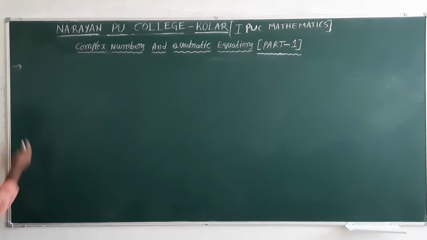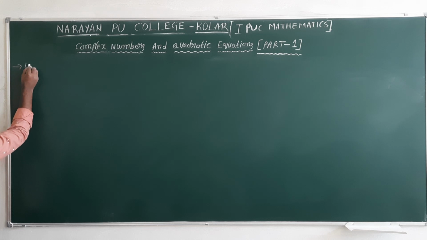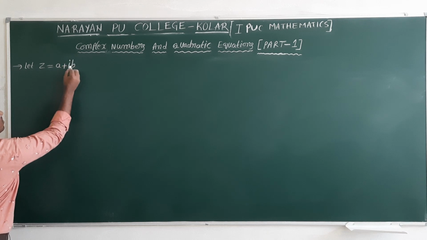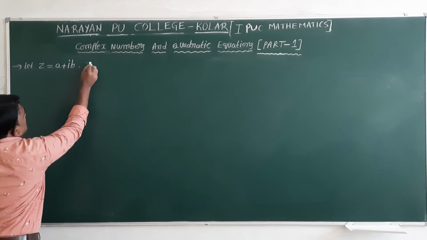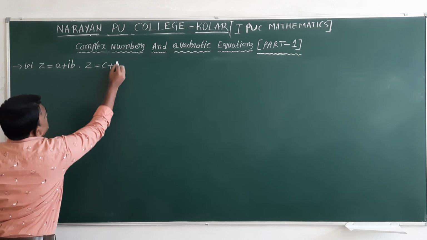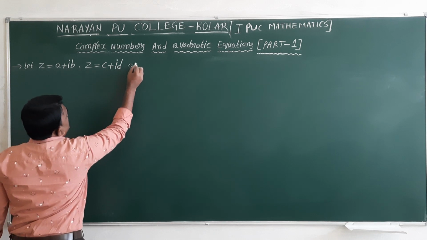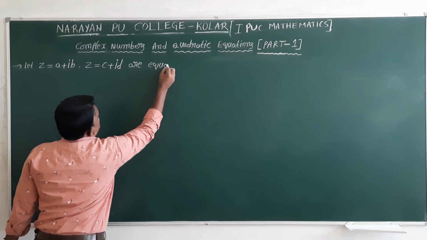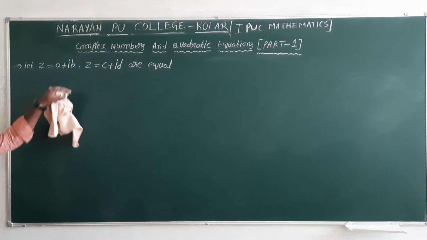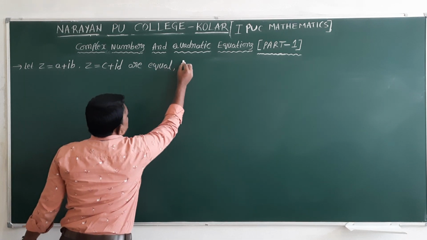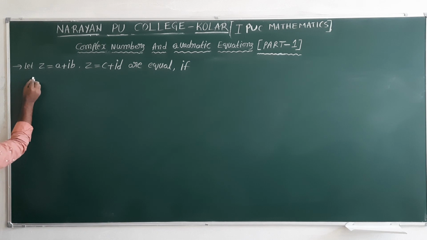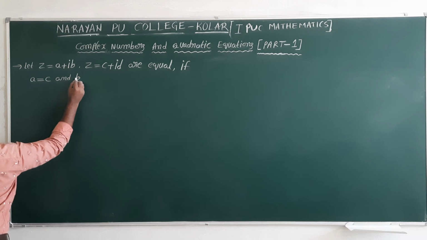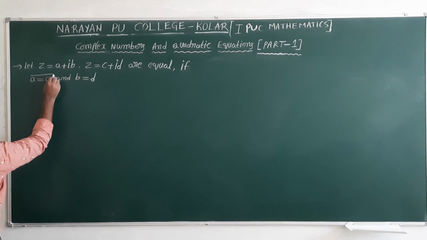So one more statement. Suppose you take two complex numbers, let z equal to a plus ib and another complex number z equal to c plus id. Two complex numbers are equal if a equal to c and b equal to d.